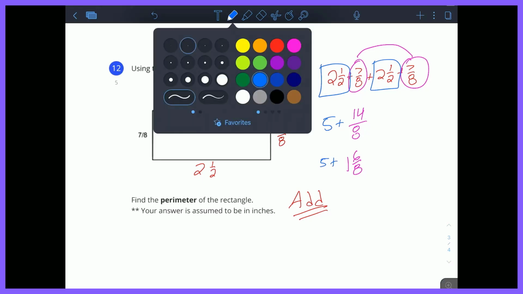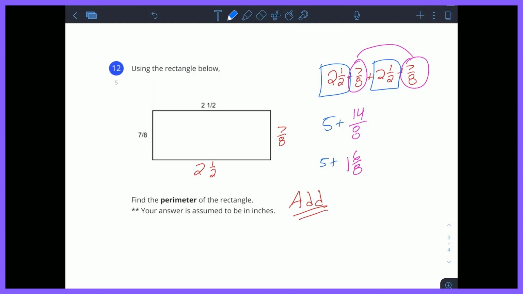And so the last step is just to simplify this. 5 plus 1 and 6/8 is 6 and 6/8. But I know 6 and 6/8 does simplify, because 6 over 8, they could both be cut in half, giving you 3/4. So 6 3/4 is the final answer to the addition problem.